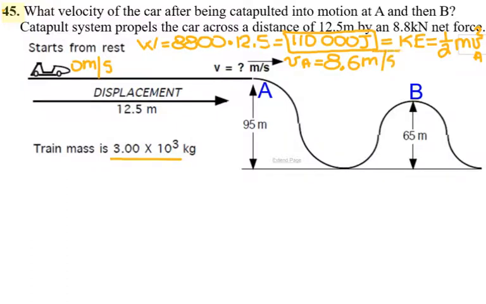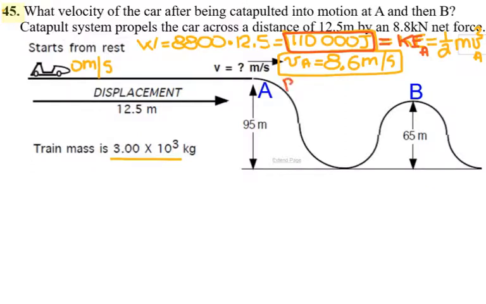This is the velocity at point A. But it also has potential energy and kinetic energy. The kinetic energy at point A is this much, because the work turned this into the kinetic energy of the car.